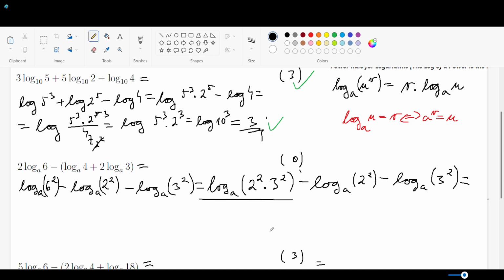Now this one we use the product rule, because we want to have the same numbers for logarithms.